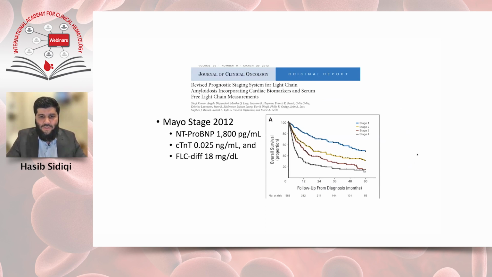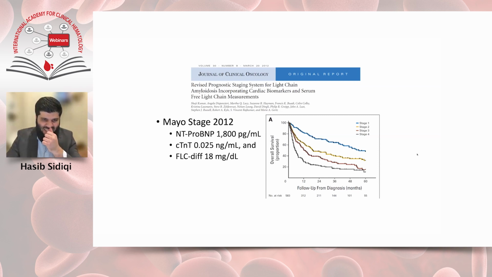In terms of prognosis, really, we've traditionally relied on the Mayo staging system. Cardiac biomarkers are critical in prognosticating patients with AL amyloidosis. The initial Mayo staging system was then modified to include the free light chain assay, giving us the Mayo stage 2012.